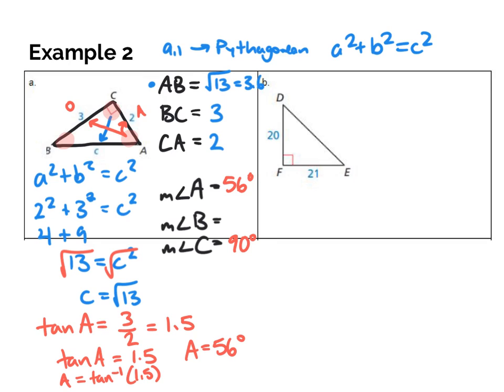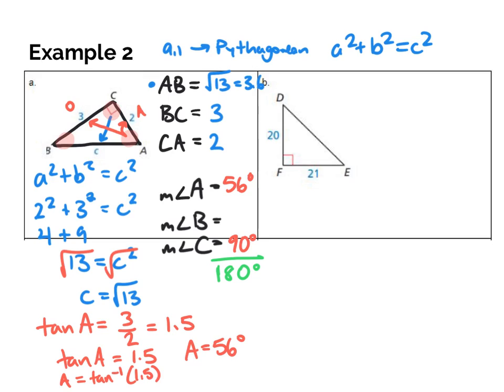Now, to find angle B, I have a bunch of different options. I can relate angle B to the two side lengths, 2 and 3, but there's an easier way. I know that one of the angles, C, is 90 degrees, and the other angle, A, is 56 degrees. To find the third angle, I know that all three angles have to add up to 180 degrees.